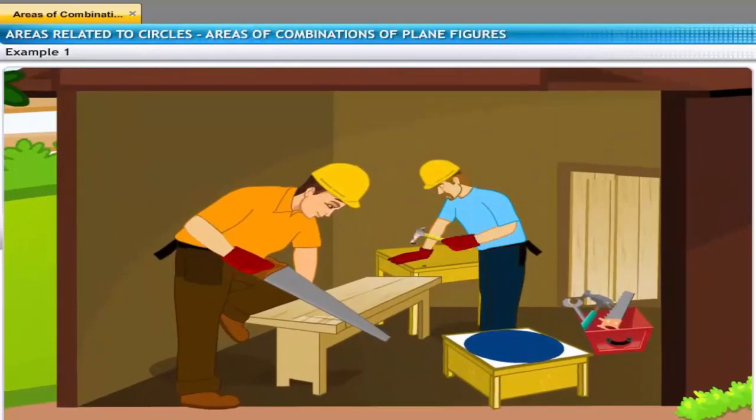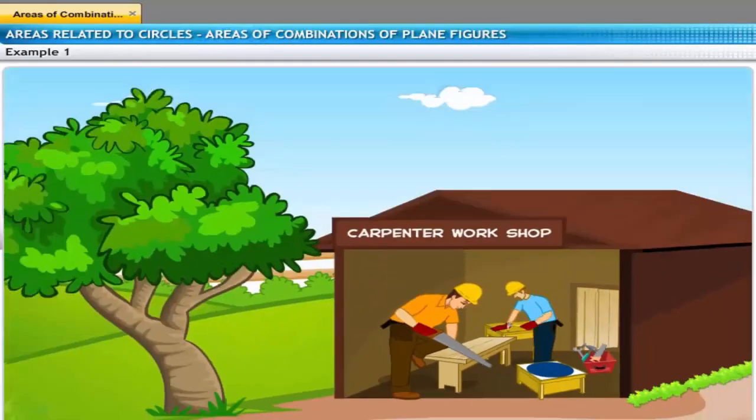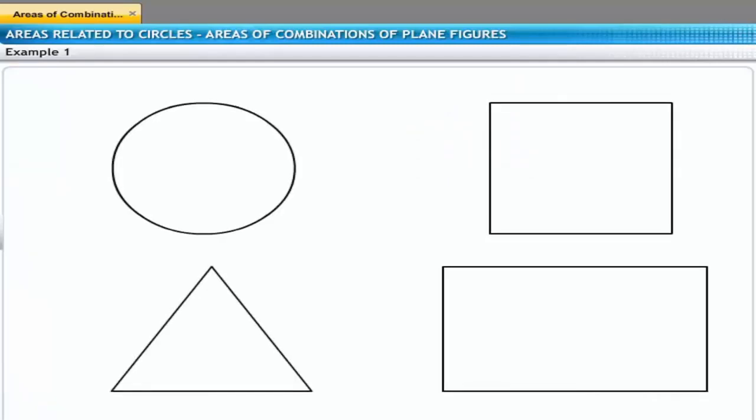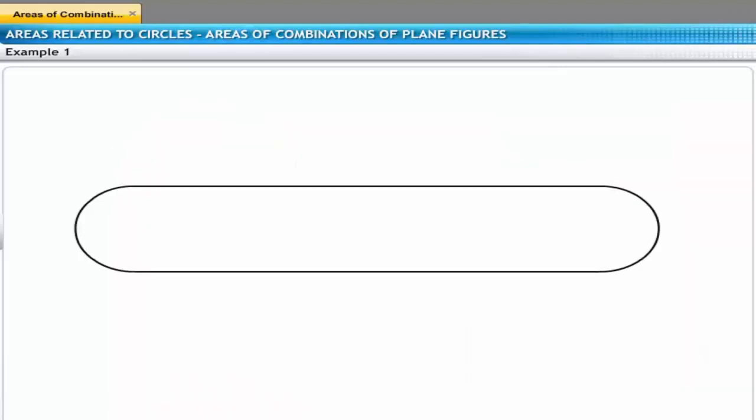So far, we have seen how Joe and Sam worked on furniture. Now, we will see a few more examples of how the areas of non-standard figures are calculated. The examples we will see here involve basic geometric figures such as circles, squares, triangles, rectangles, etc. Look at the first example.